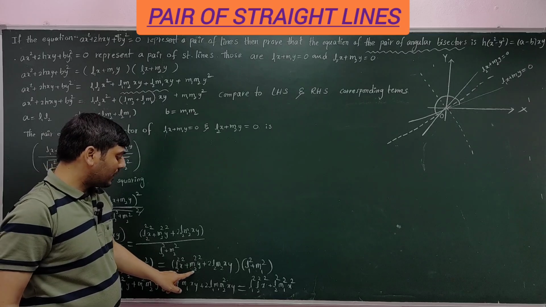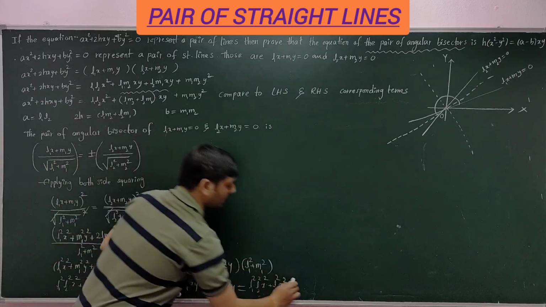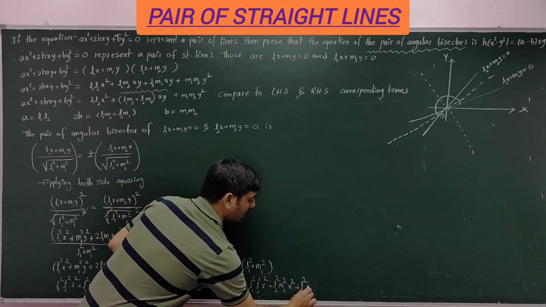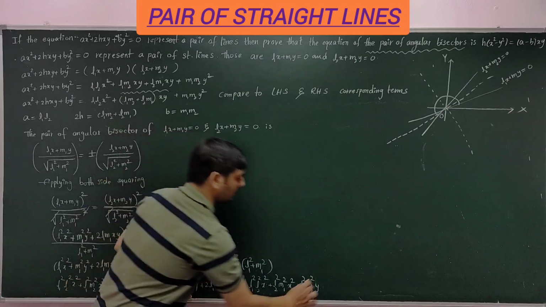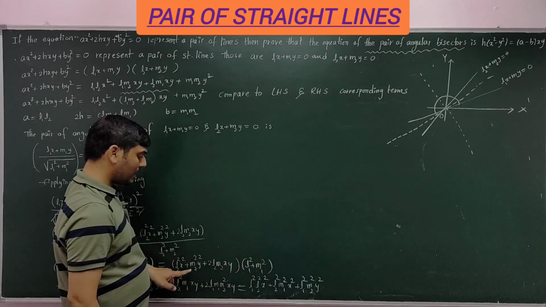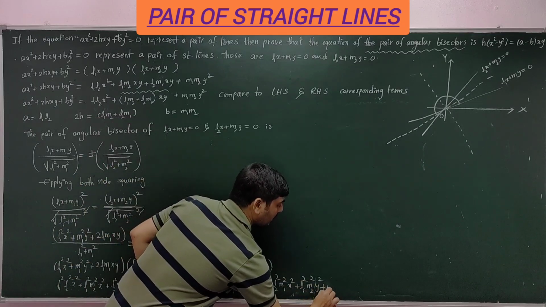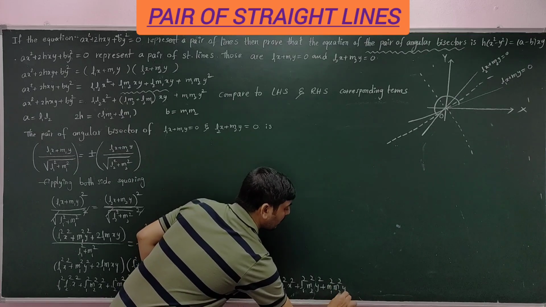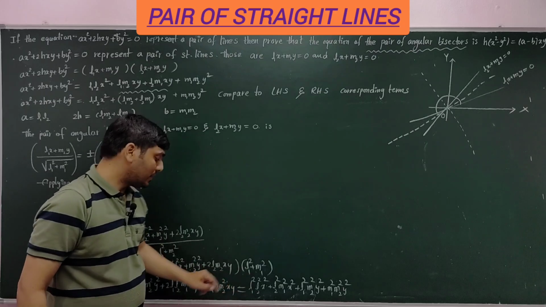The next concept is m2 square y square into L1 square. First write L1 square, m2 square, y square. The second term multiplied with the second term: here m1 square, here m2 square, y square, plus m1 square m2 square y square. The third term multiplied with the first term.